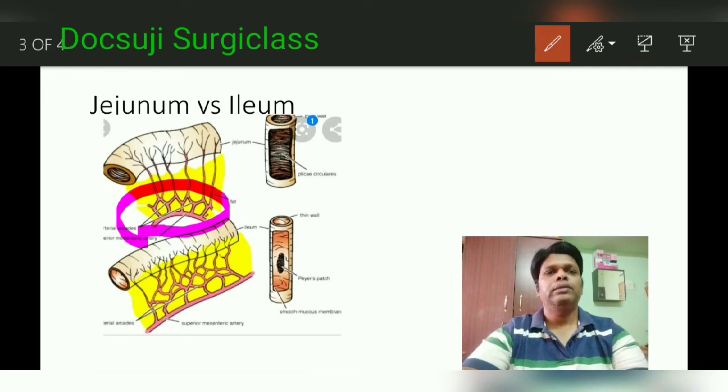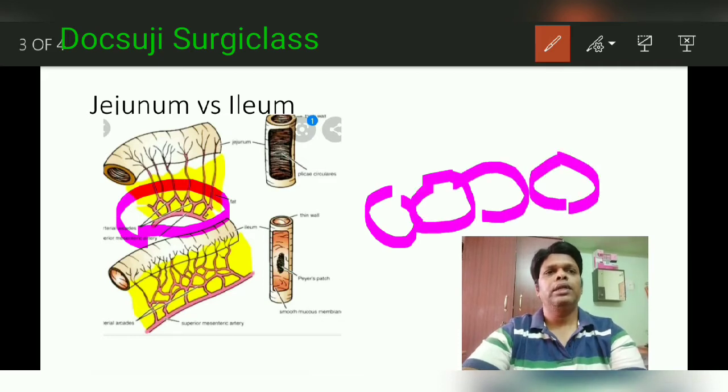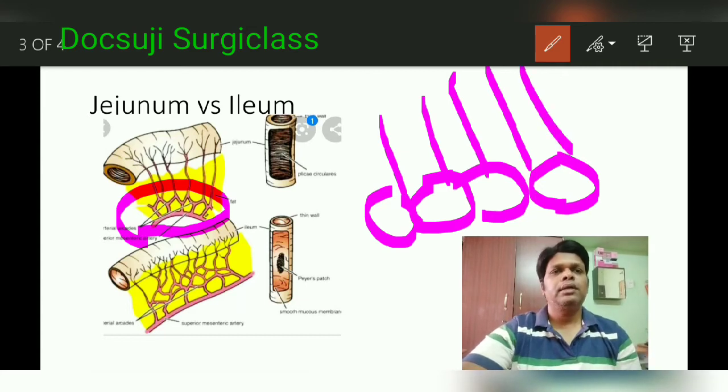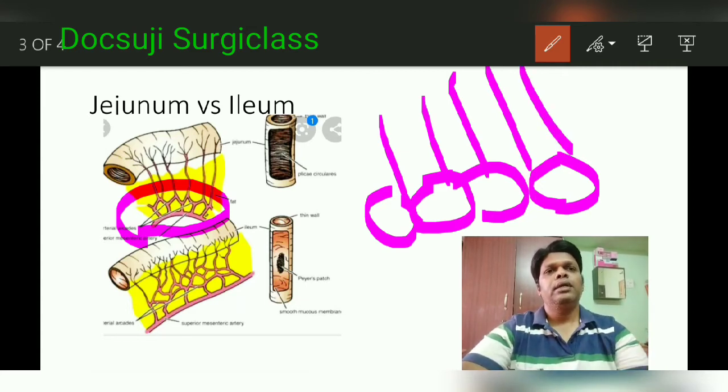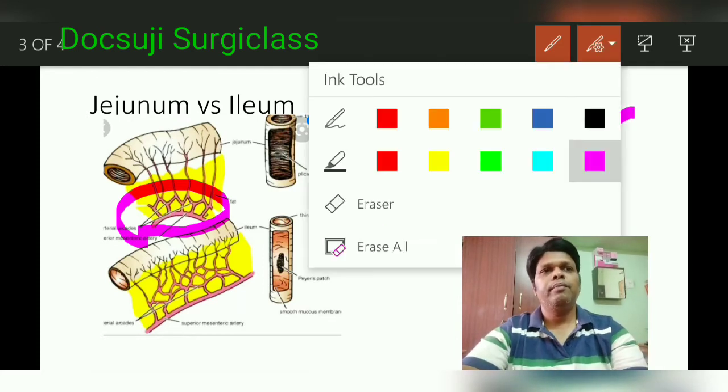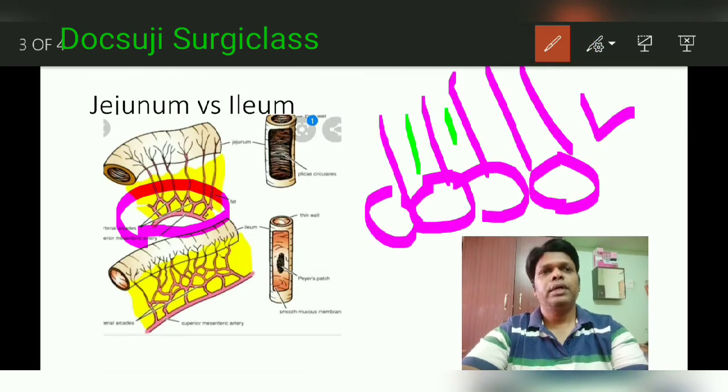They form one or two arcades in the mesentery, then end in the small intestine as straight arteries. These arteries are called vasa recta, about 3 to 7 centimeters in length, and these are all long vasa recta.